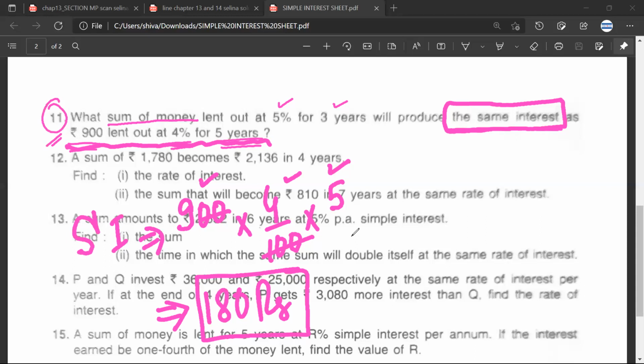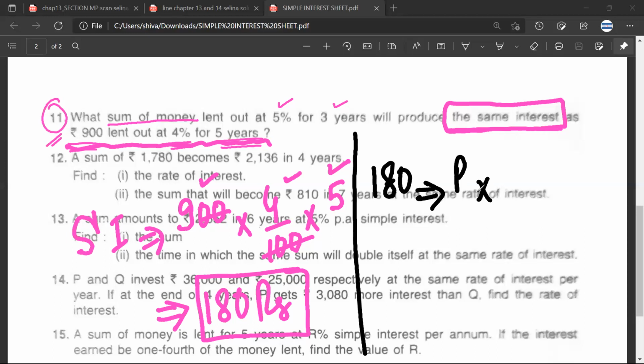So it will be 180 equal to P into 5 into 3 upon 100. Is it correct? Yes.